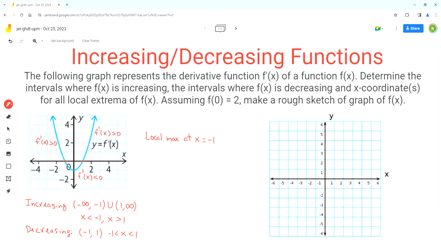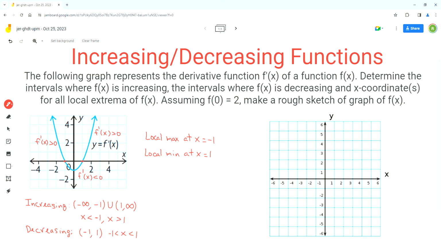As a result, the function changes from decreasing to increasing. Therefore, there is a local minimum at x equals 1. There is a very important concept we need to understand and memorize about this analysis for the f prime of x graph.